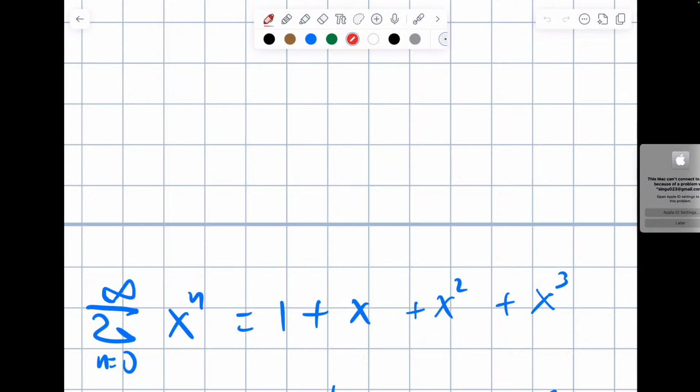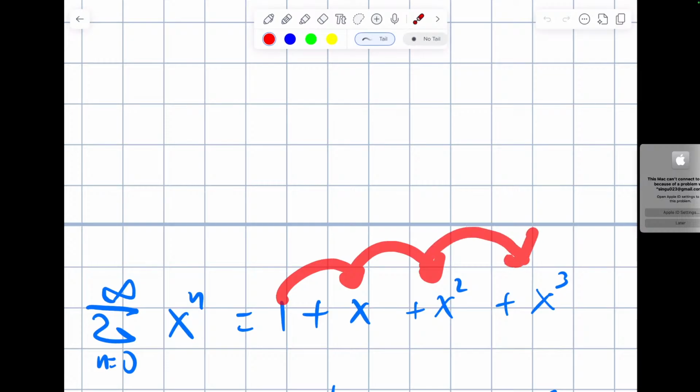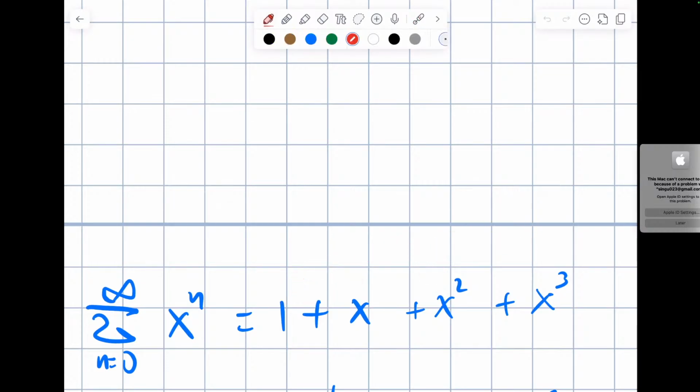Those of you who were not here that day, I want you to recognize how I get to the next term. How do I get from this term to the next term, and from this term to the next term? It's times x, right? Each thing is times x.